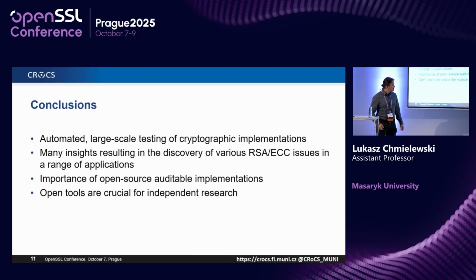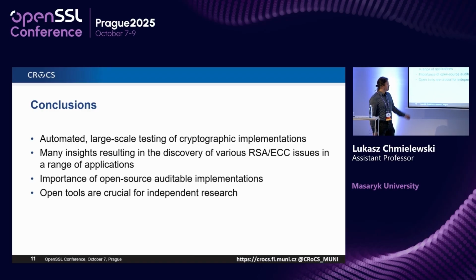To summarize the talk, here I very briefly talked about automated and large-scale testing of cryptographic implementations. I presented different insights for OpenSSL and, also very briefly, various RSA or ECC issues that were discovered.